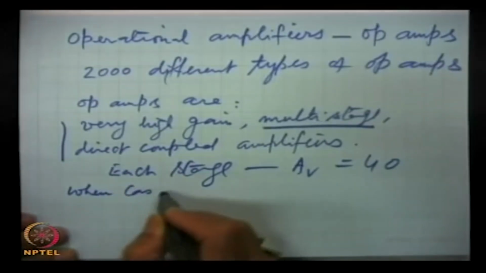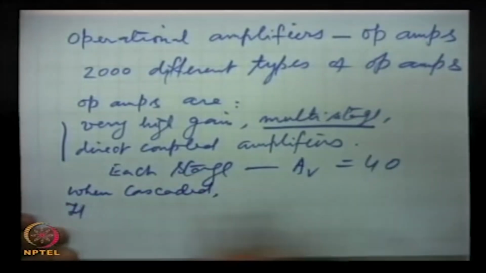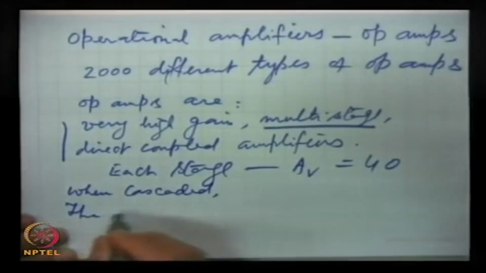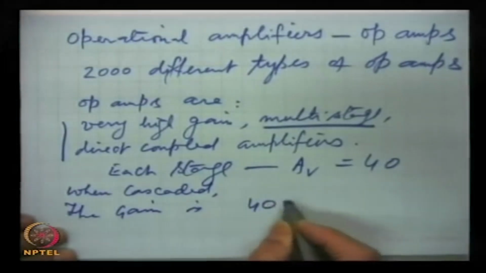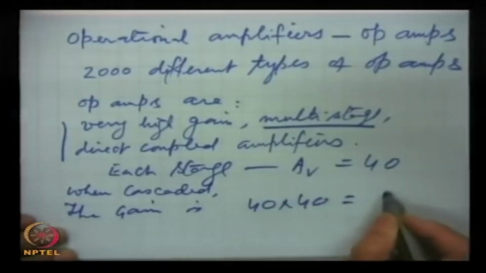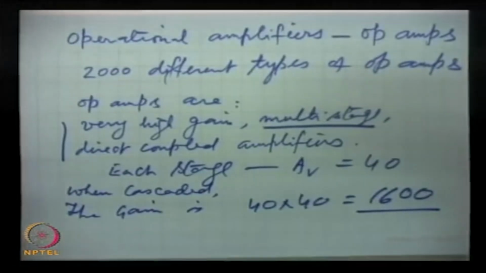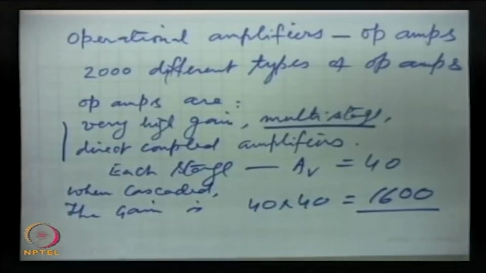The combined gain is the product of the two gains, so 40 into 40, that means 1600. So, this is a very high gain multi-stage direct coupled amplifier.